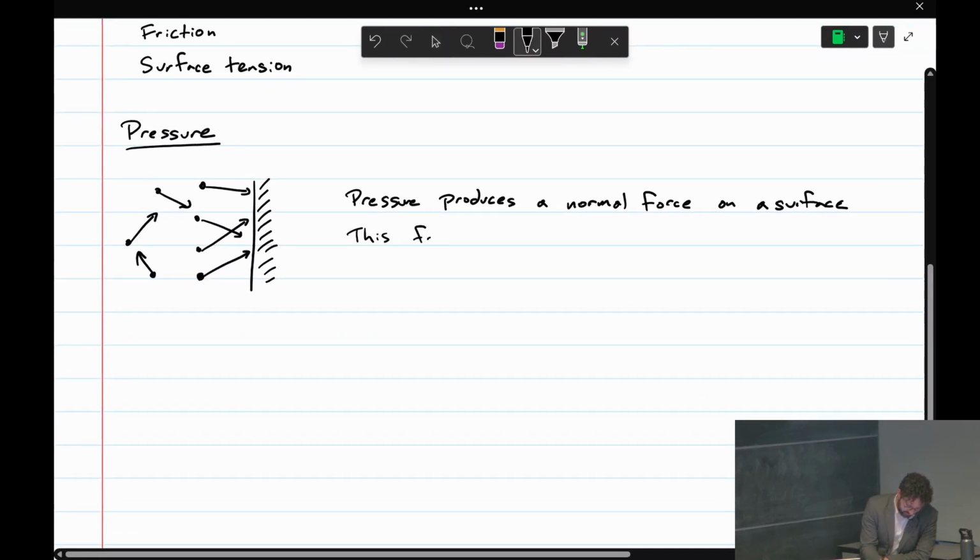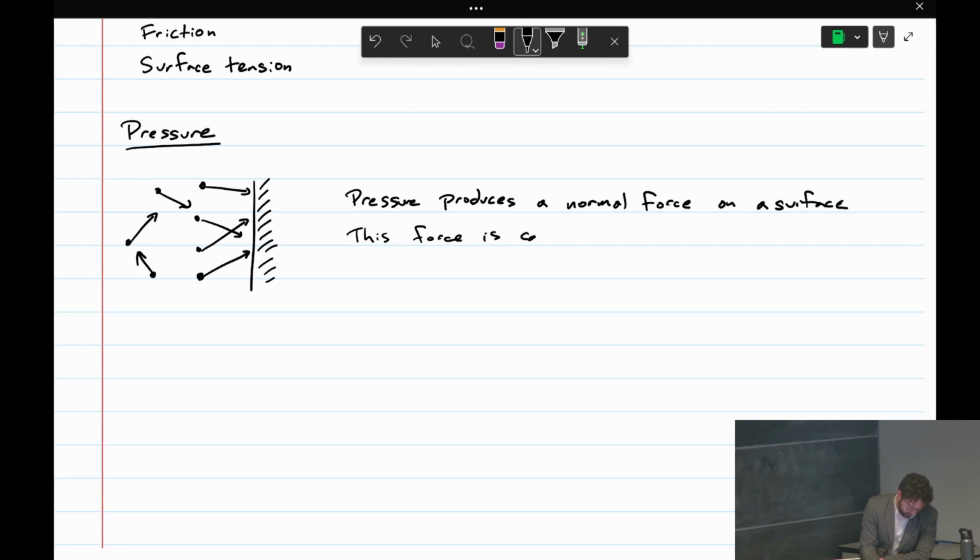This force is caused by molecules colliding with a surface. So that force is caused by molecules colliding with a surface, and it produces a force through a change in momentum. So it's like an impulse.